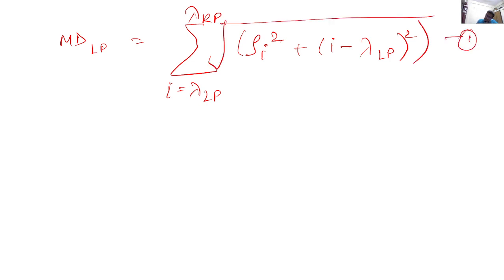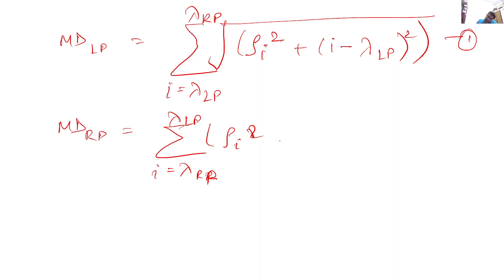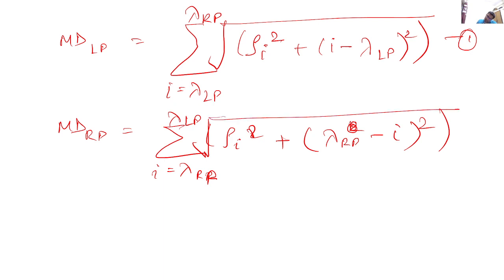So this would be the first equation, and then we formulate another equation for the right pivot. It ranges from RP to lambda LP, and again a very similar expression. It's just a Euclidean distance between the two points.